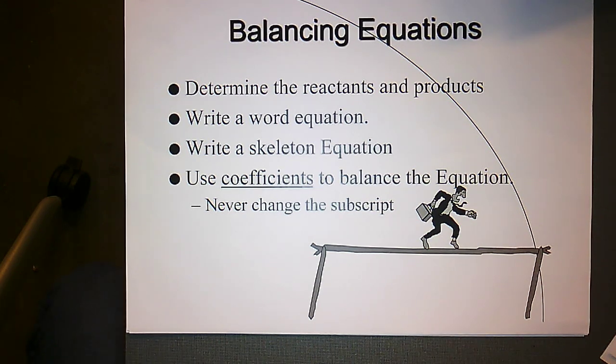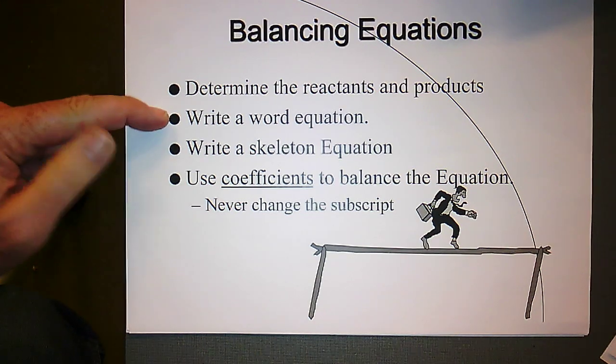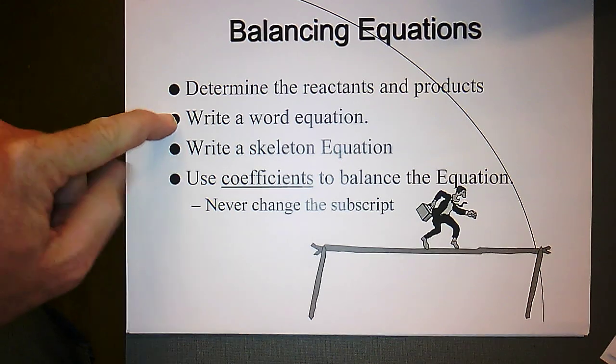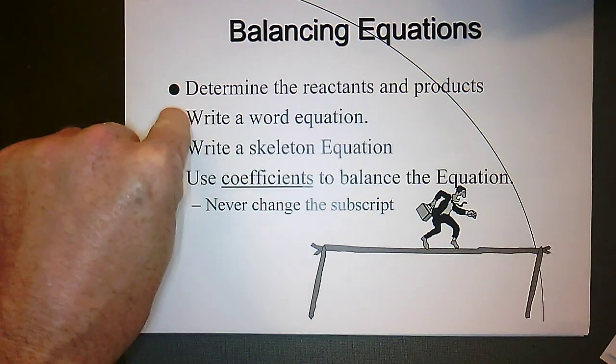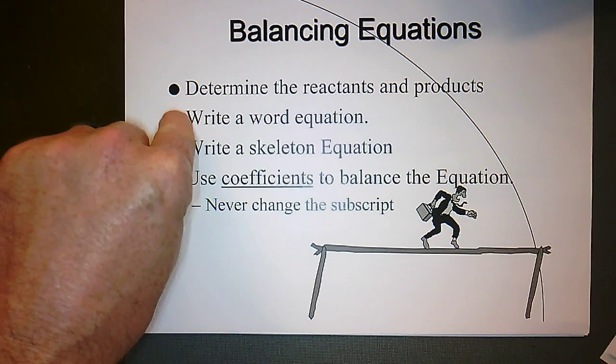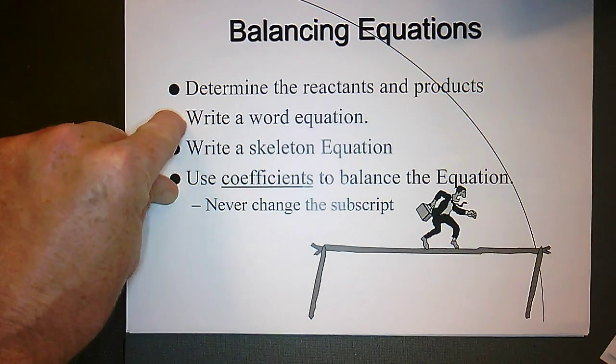All right. So those 4 steps: determine the reactants and products, write out the word equation. And I'm not gonna lie, a lot of times I skip this step when I'm doing it, the word equation, because honestly, when I'm thinking about chemicals, I think of the name as I'm writing the formula. Does that make sense?